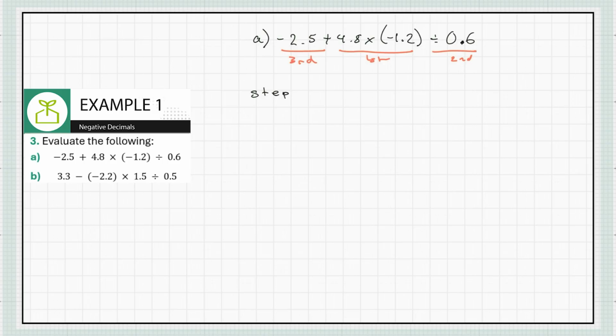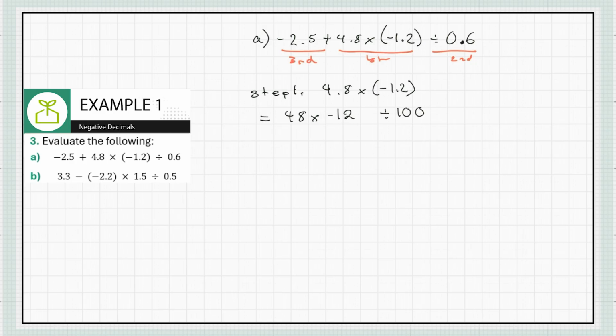Let's do our first step, which is going to be 4.8 times negative 1.2. Alright, so that's going to be equal to 48 times minus 12. And just to remind us, at the end we have to divide by 100.